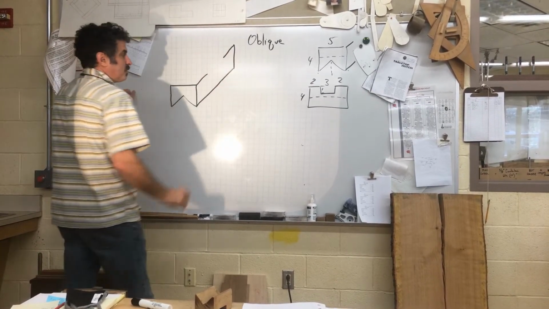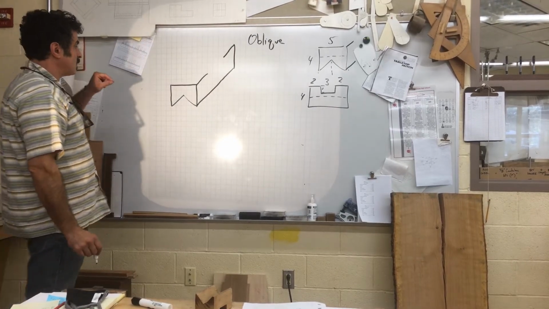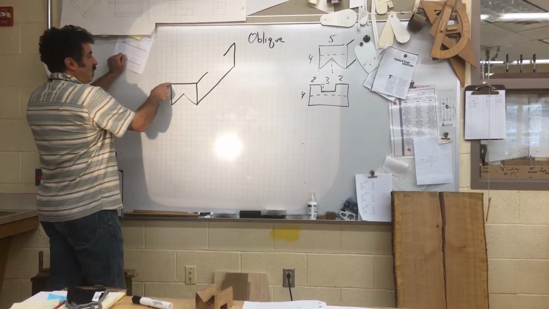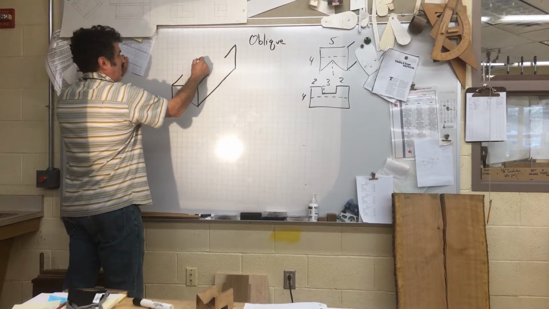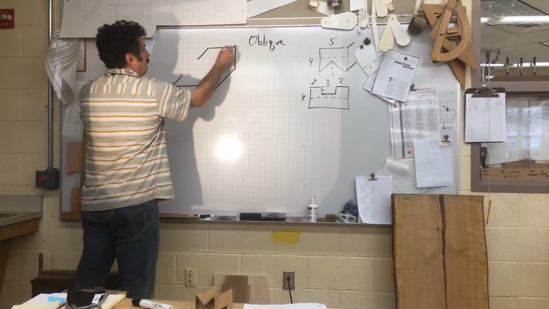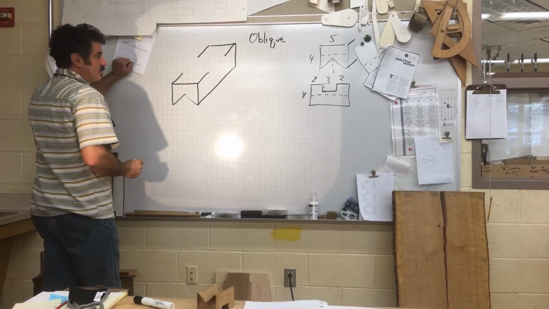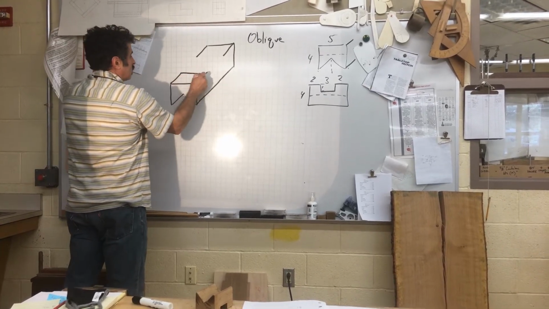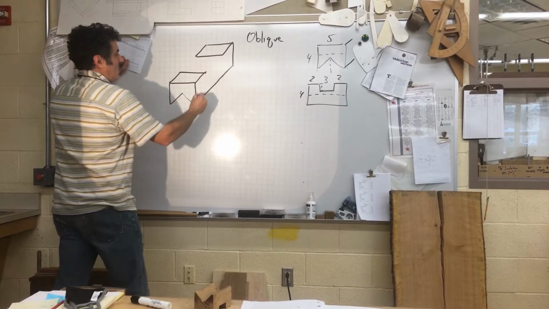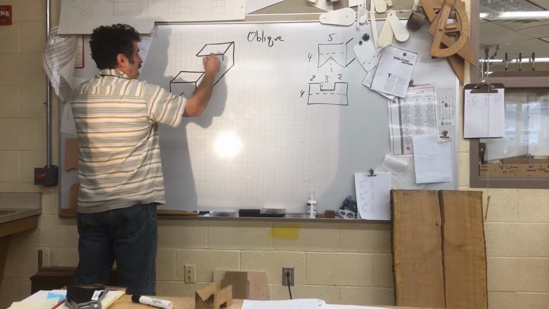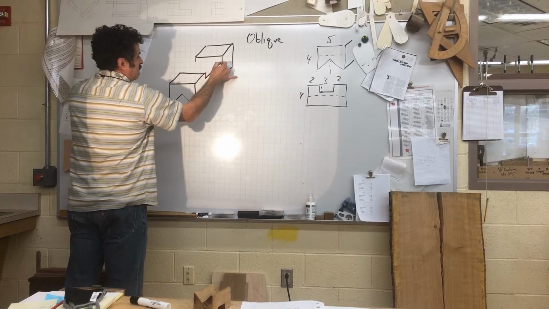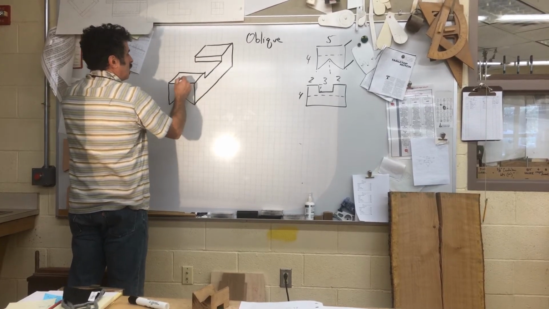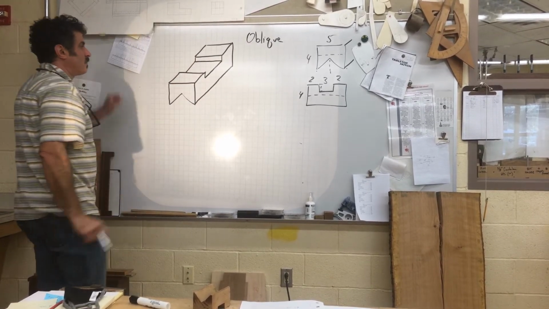We'll bring that down. From this corner, it's the same thing. 2, skip 3, 2, and draw that across. Came down 1 block, 1 block, 1 block. Connected those.